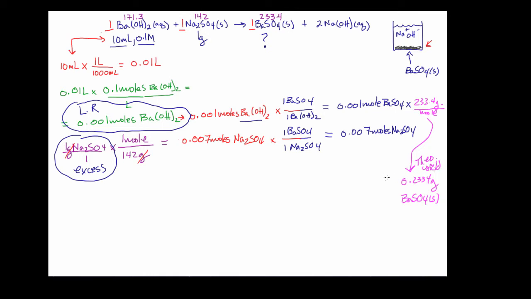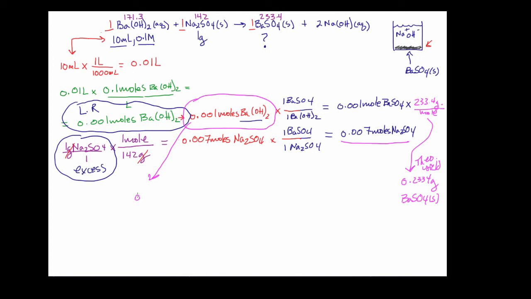All right, and now we can find the mass of the remaining reactant. So this is our excess. Remember that to find the mass of the remaining reactant, you first need to figure out how much of the other reactant actually was combined with the limiting reactant. So we're going to take our limiting reactant and pull it down.